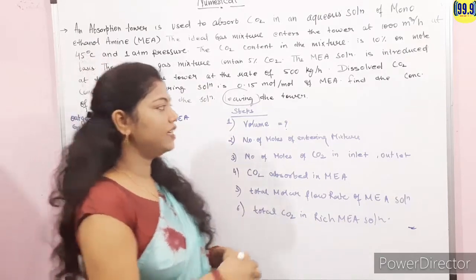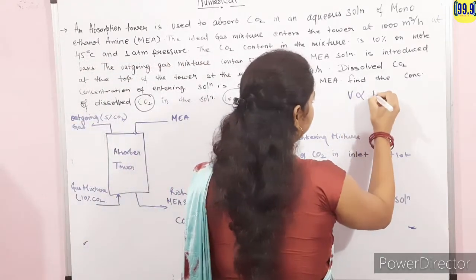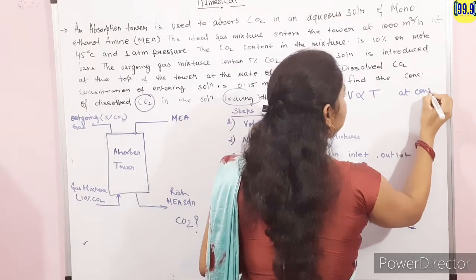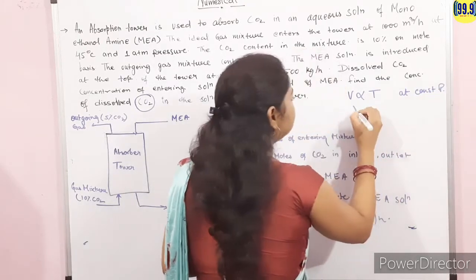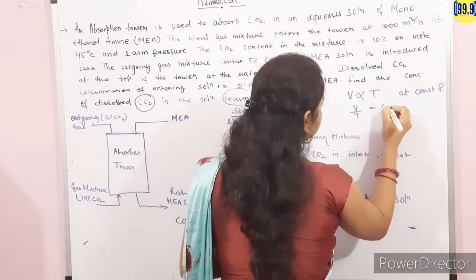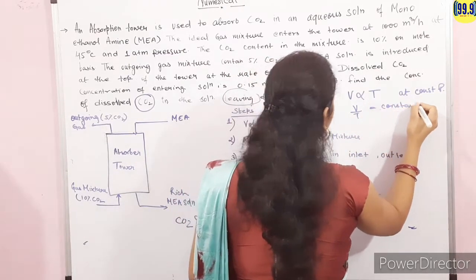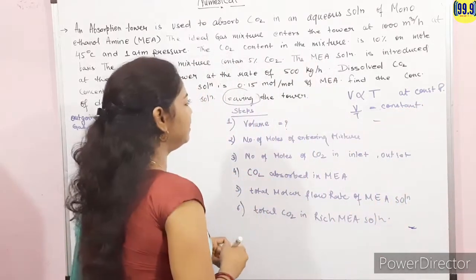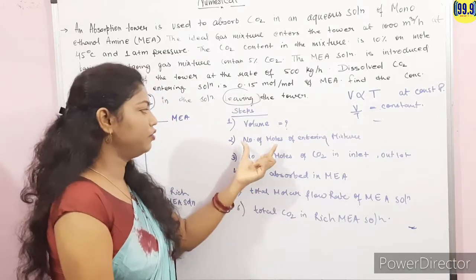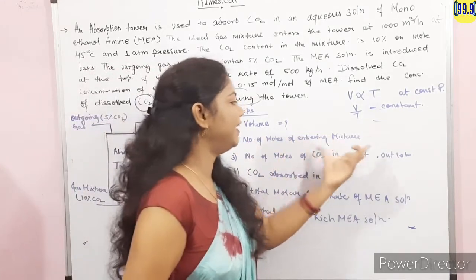So according to Charles law, V is directly proportional to T at constant pressure. It means V upon T is equal to a constant. So this is all about Charles law. From here we calculate the volume, and then we calculate the number of moles of the entering mixture.